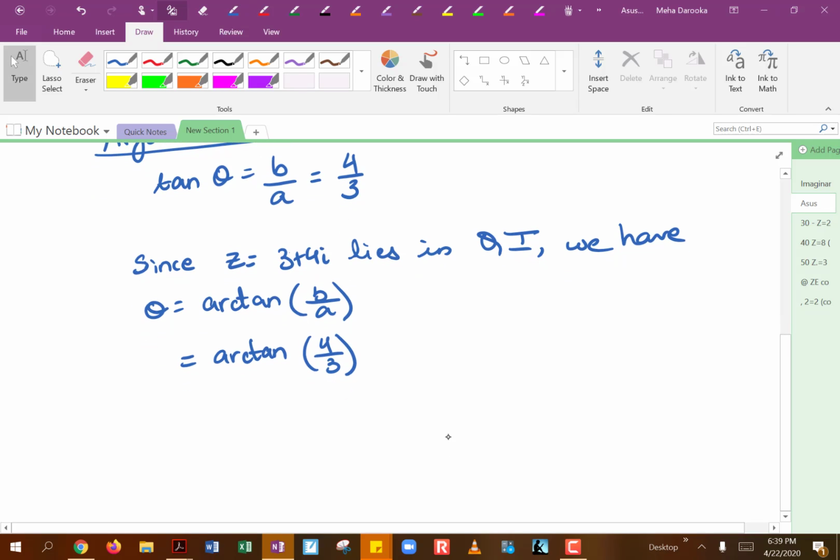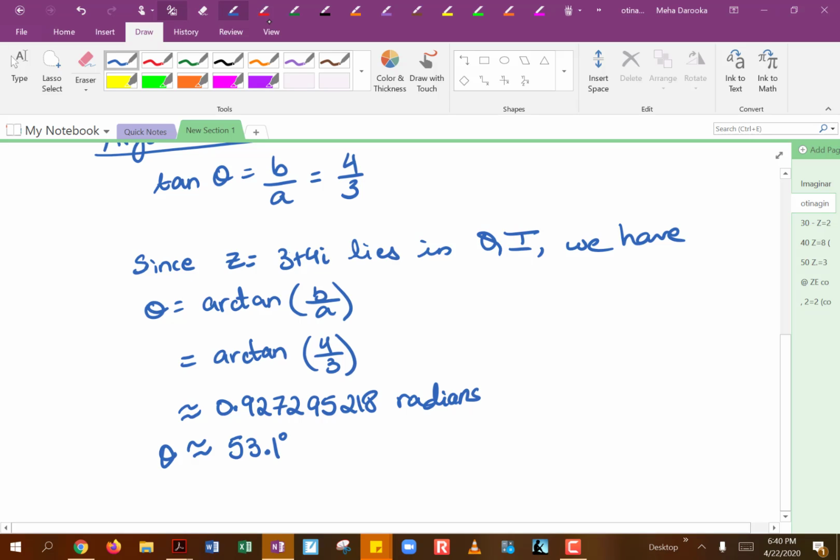So if we put this in our calculator, this comes out to be approximately 0.927295218, and this is in radians, and if you want to convert this into degrees, it comes out to be approximately 53.1 degrees, and we're just rounding this off to 1 decimal place like our example.